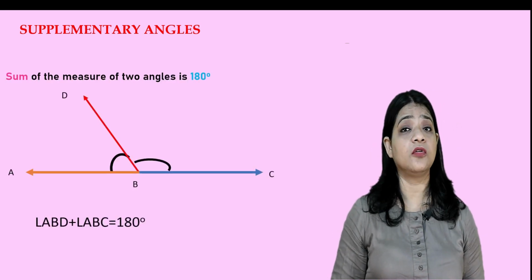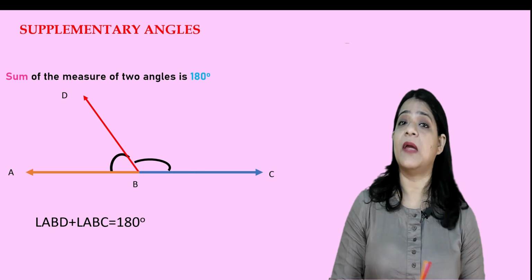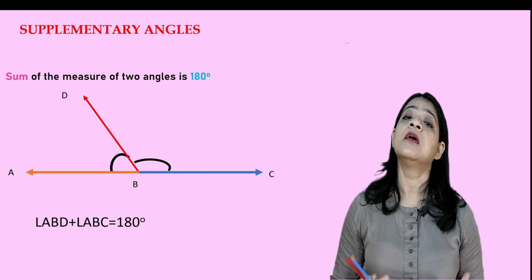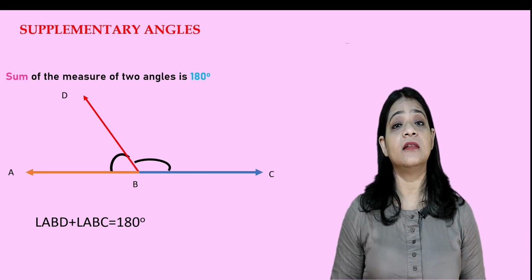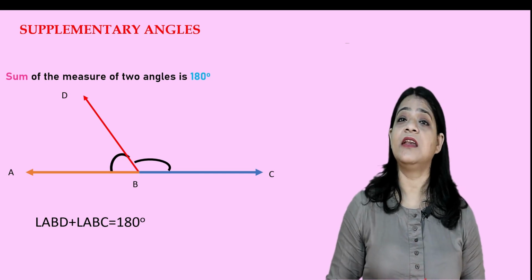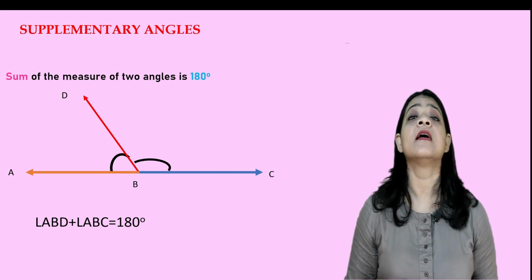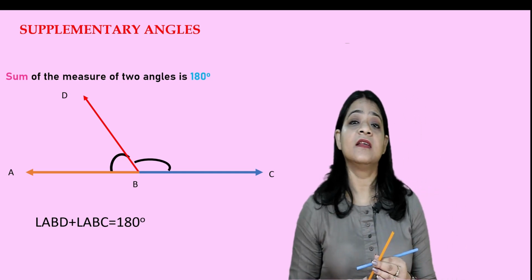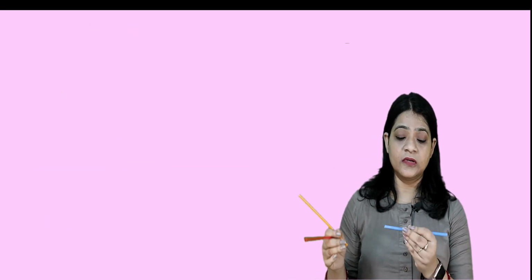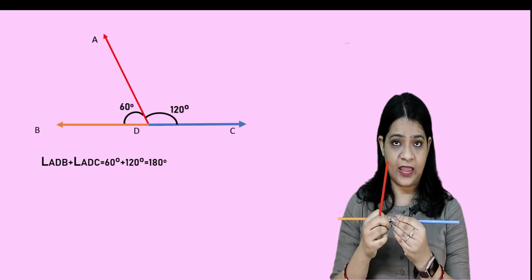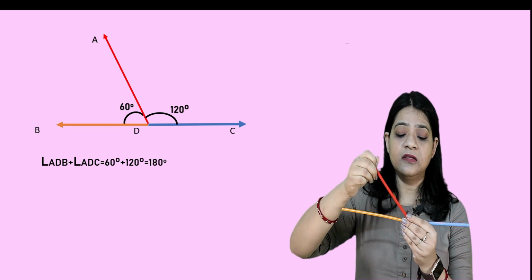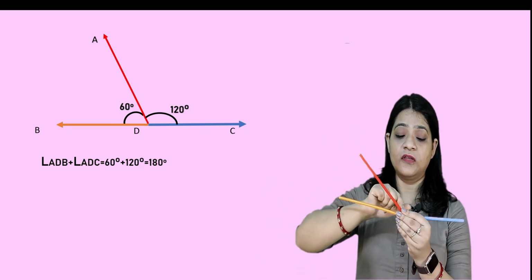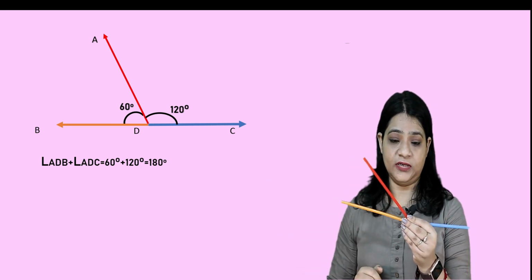Next very important topic is supplementary angles. When the sum of two angles gives us 180 degrees, that is called supplementary angles. For this, let us take a straight angle, and one line originating from this common point.